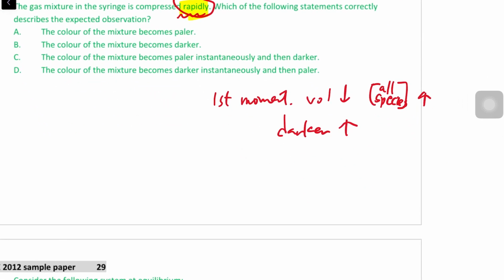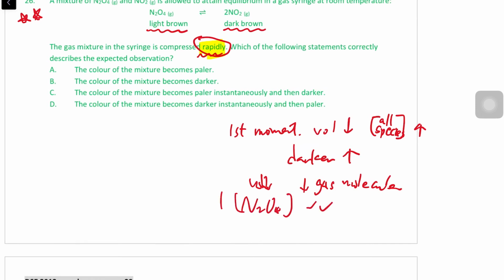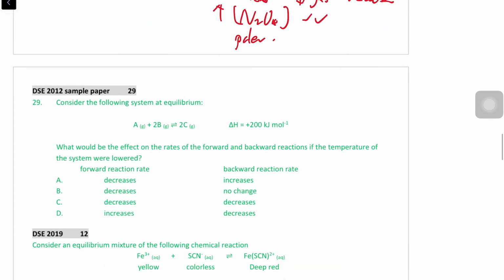Then, because less volume will prefer fewer gas molecules, that means N2O4 will be favored. So the answer will be D, because N2O4 is paler.